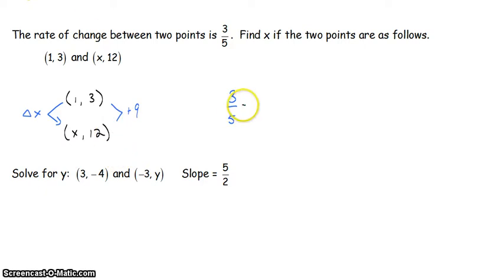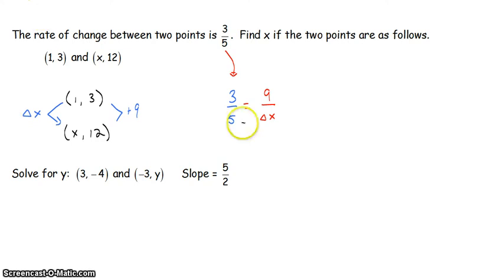We're going to set up a proportion here. I know that 3 over 5, that's the rate they gave me, has to equal 9 over the change in x. But remember, this isn't going to tell me x, this is going to fill in this number here.